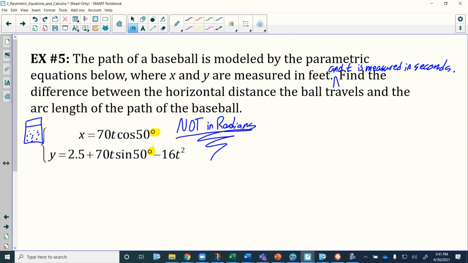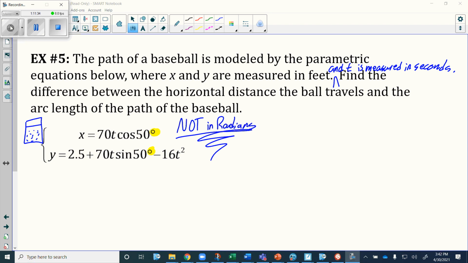If I type x equals 70 cosine of 50 on my calculator, let's see, what am I looking at here? Trying to make sense of my notes. Hold on, I'm going to pause this for a second because I'm forgetting something. Okay, I see what it was.